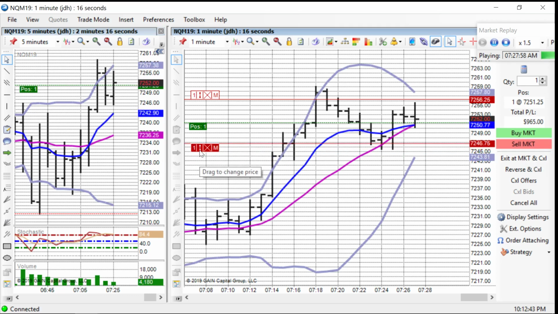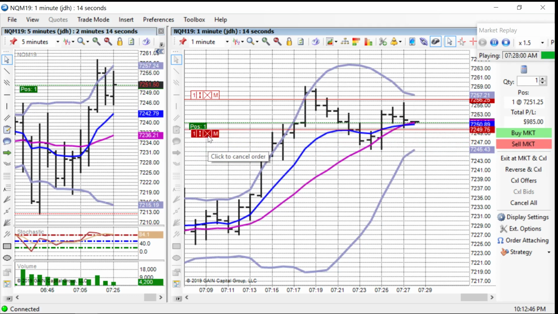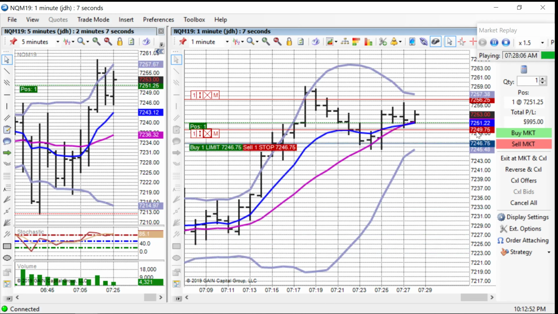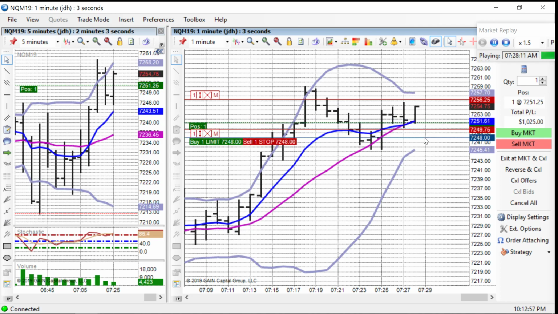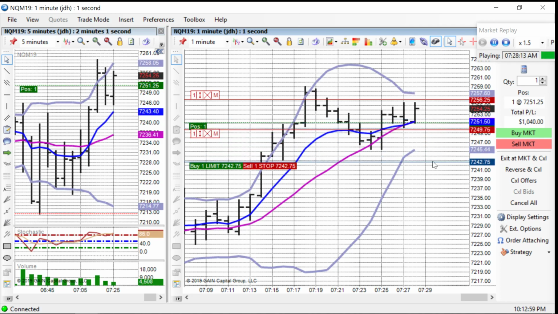Here, I'll just bring the stop loss a little bit closer for protection there. That way I won't take much loss if that reverses on me and heads down.